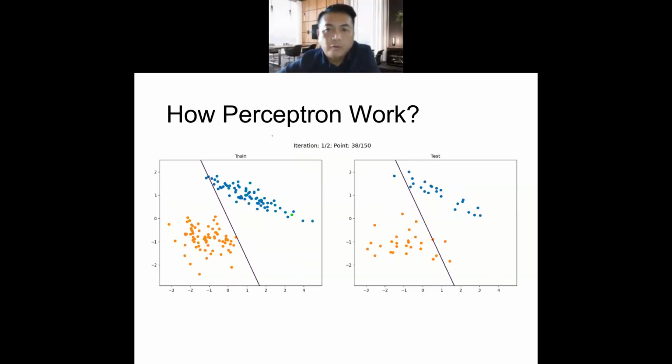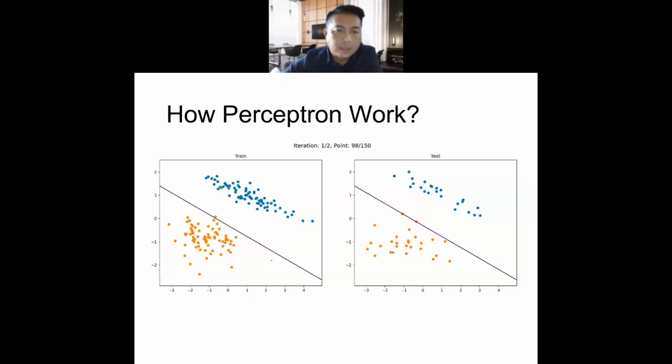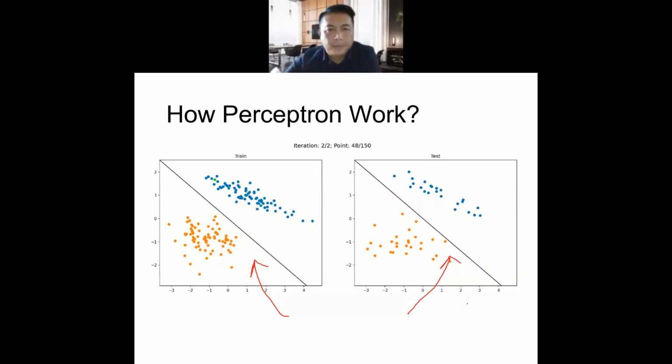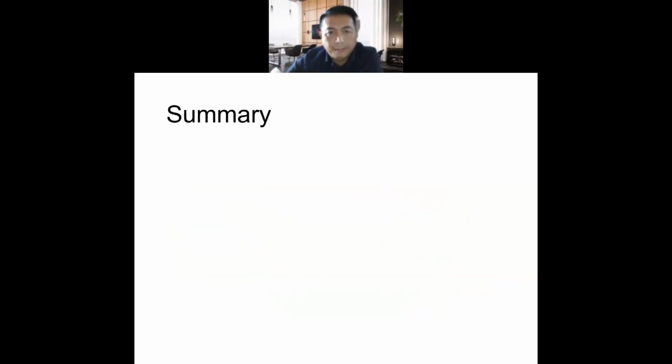It will slowly move the line that separates the two classes. This is during the training, and this is during the testing. Finally, they get a line that separates those two classes.